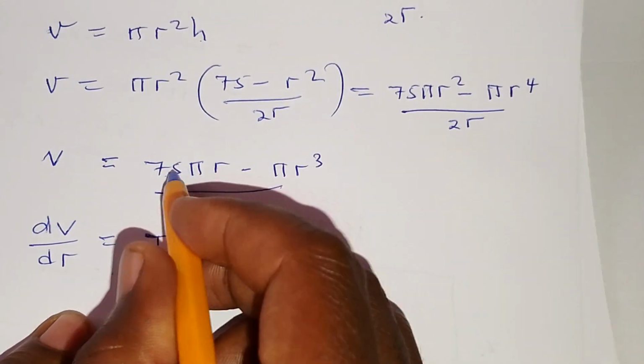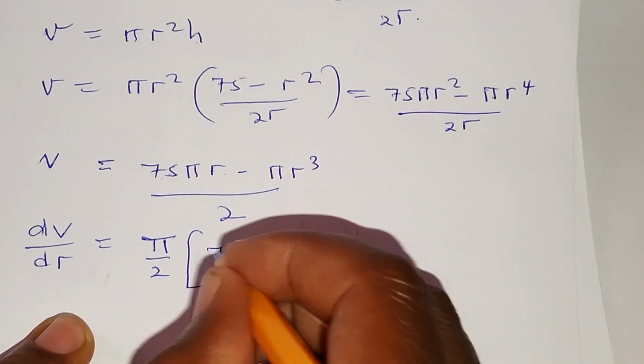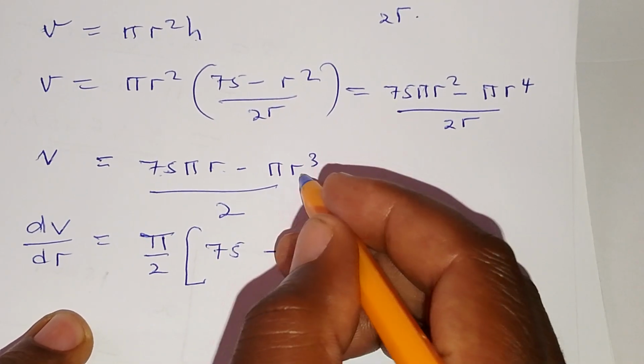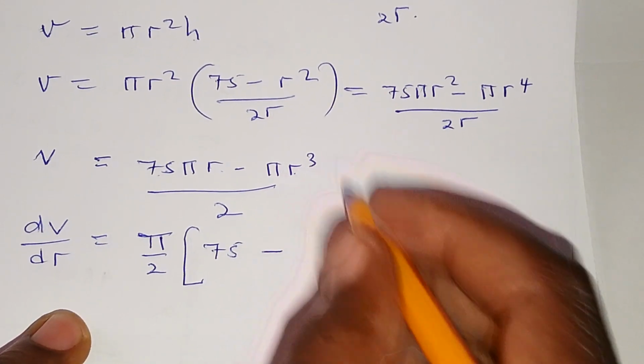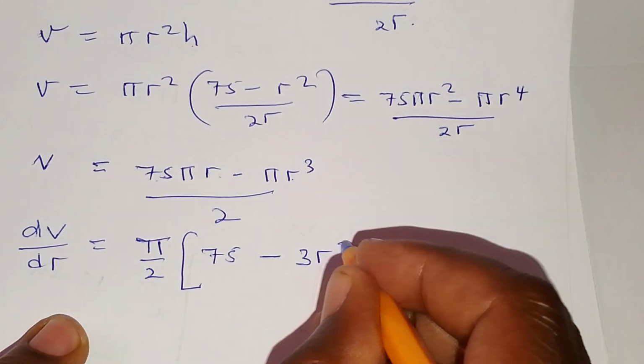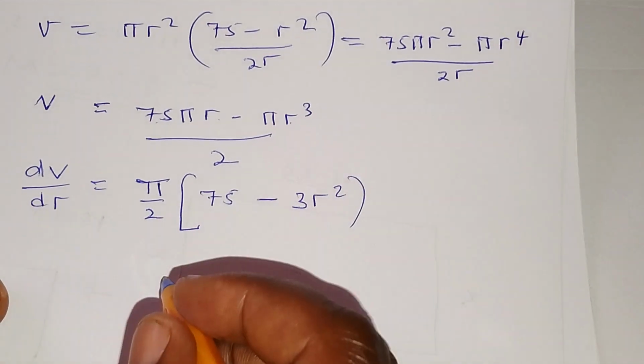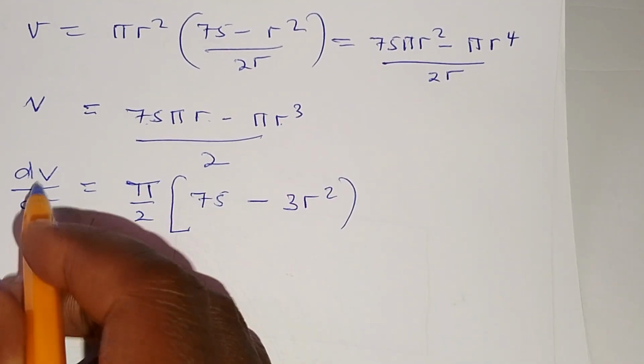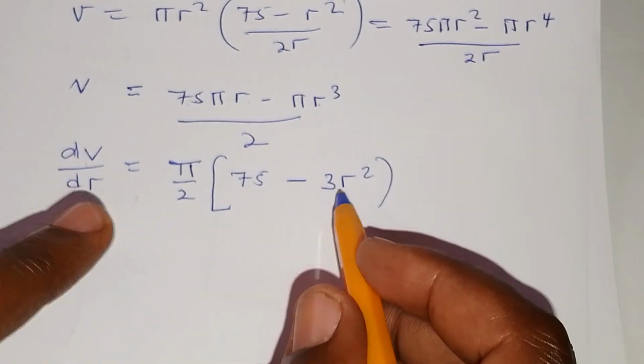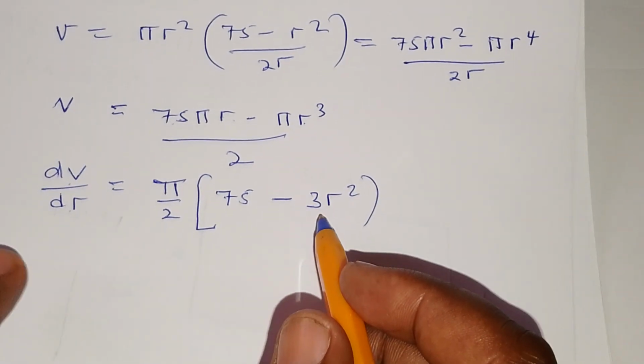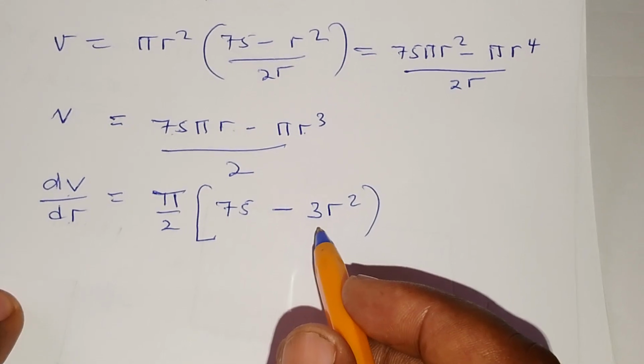I'm going to differentiate 75r, so that is 75, minus here I'm going to have r cubed, differentiate that, you have 3r squared. Okay, so I know I have to set dV over dr equal to 0 for me to get the value of r, which makes the volume maximum.